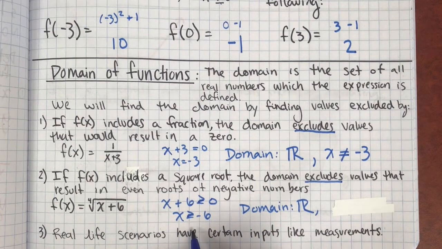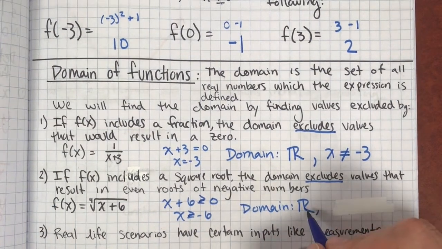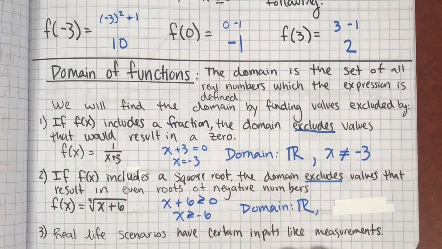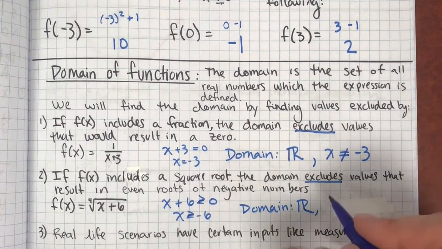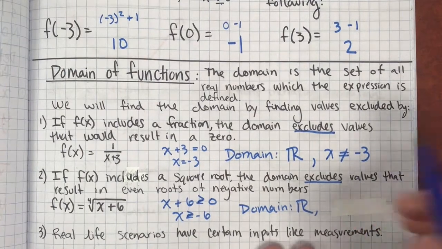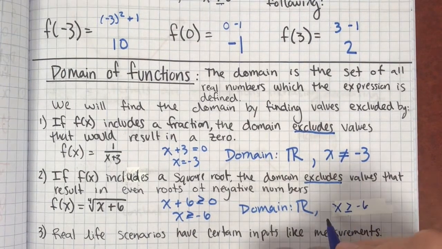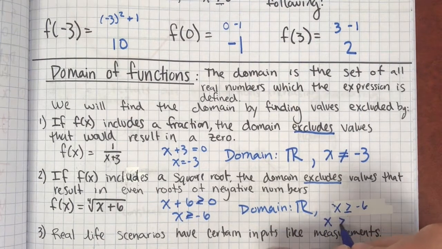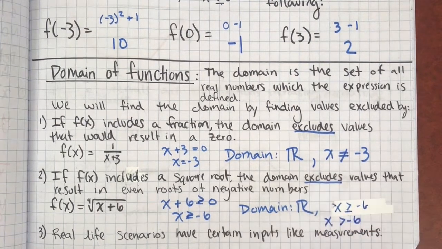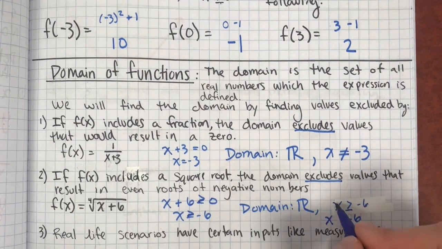So we need numbers that are greater than negative 6. For this, our domain would be all real numbers where x has to be greater than negative 6, or you could just say x has to be greater than negative 6. Either one of those will work.